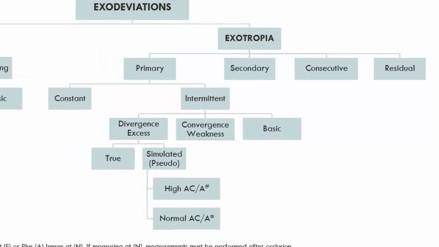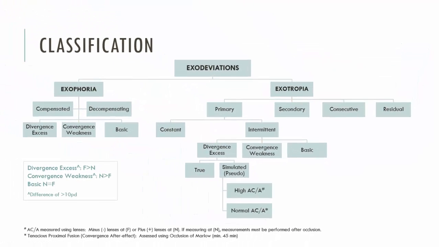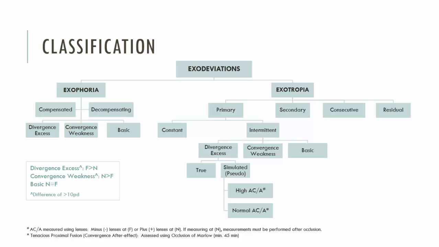Now this provides you with a broad overview of how to go about classifying a patient, but I want to make a point about determining the near distance disparity. So here we have the terms divergence excess, convergence weakness and basic. These terms can be applied to all types of exodeviations.